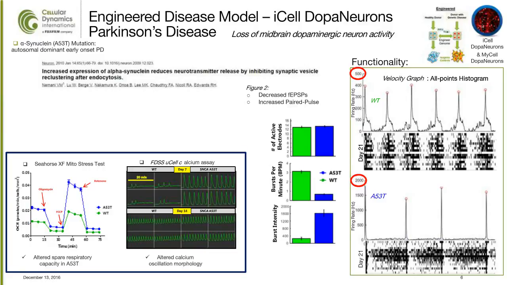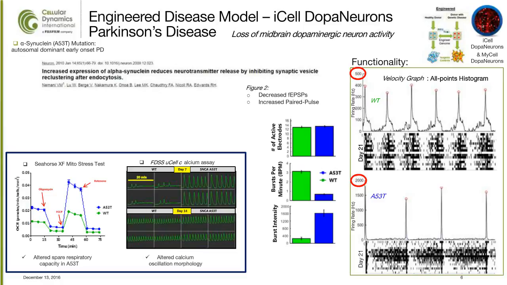Jumping into one of these publications a little bit deeper, in figure 2 of the paper from Nemani, "Increased expression of alpha-synuclein reduces neurotransmitter release by inhibiting synaptic vesicle reclustering after exocytosis."